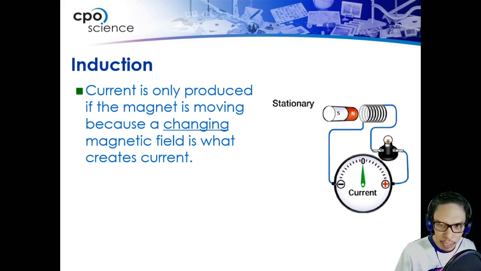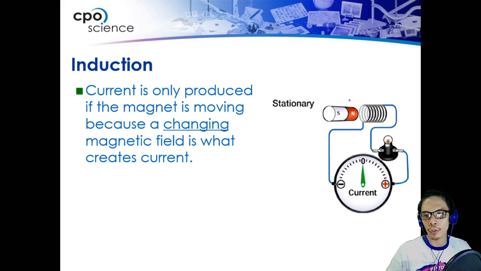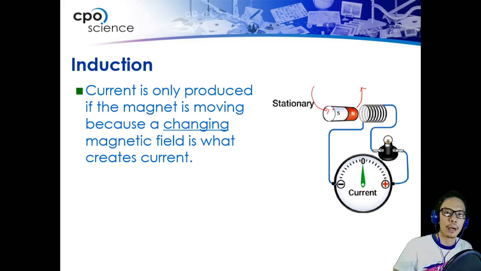Aside from moving it, you can change the polarity of the magnet, so you can change the magnetic field as well. As we all know, if we draw the magnetic field of this magnet, the magnetic field of the north pole is moving away from the north pole itself, and at the south pole it goes towards the south.